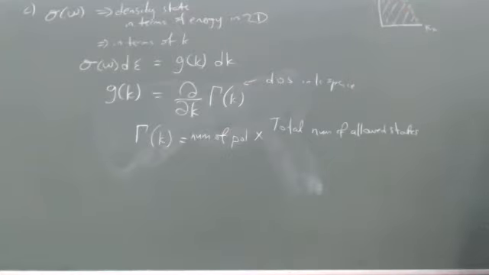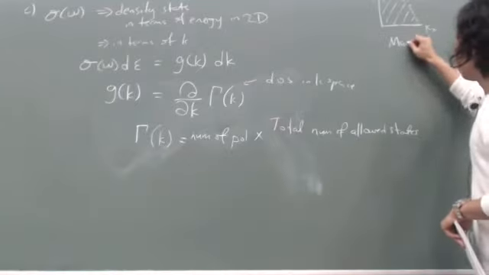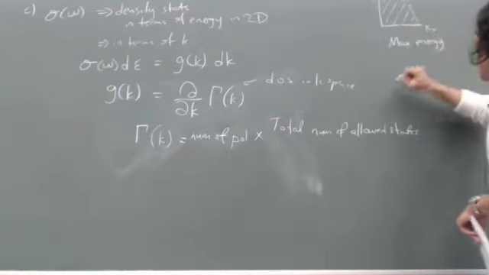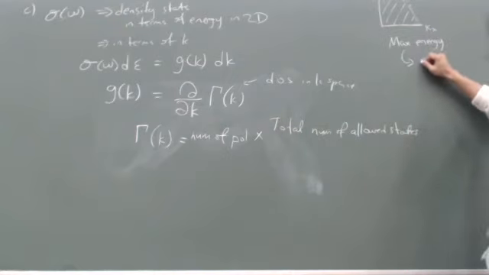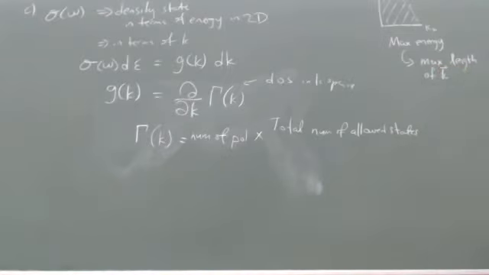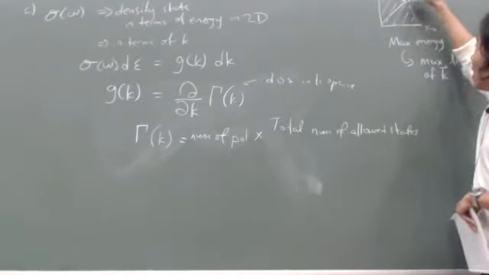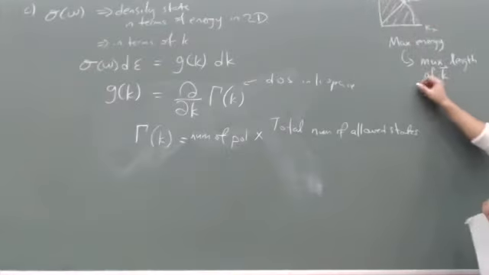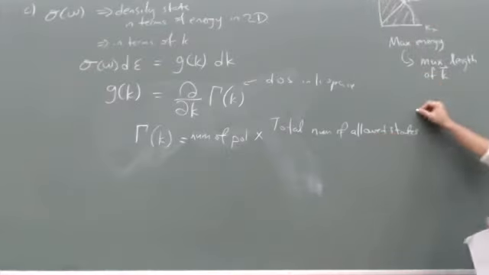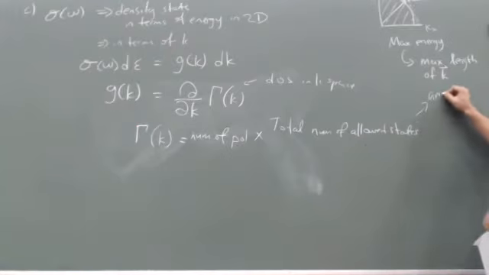Because you usually set some maximum energy, and the maximum energy corresponds to some max length of your vector K. So if you have some maximum length allowed, this is your K max, and you cut off everything around there, then the total number of allowed states is the area of a circle of radius equal to this K max.